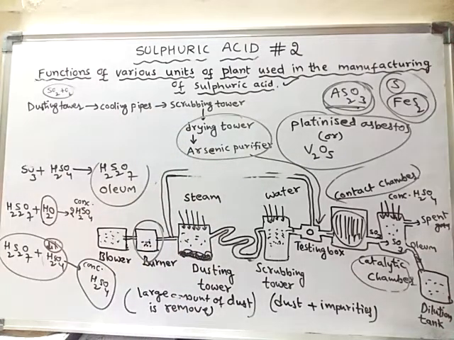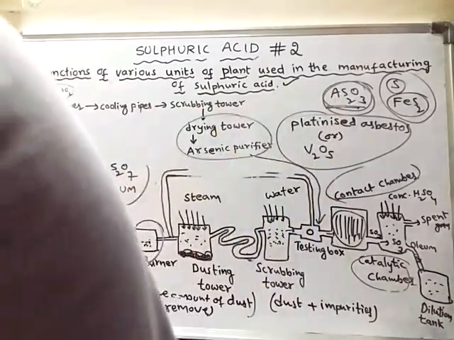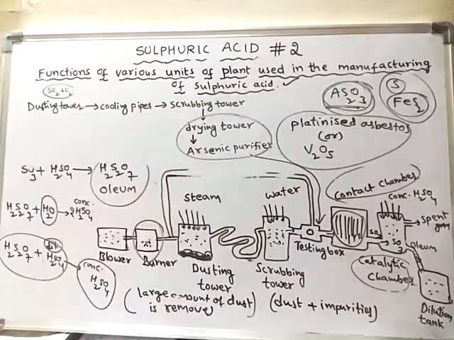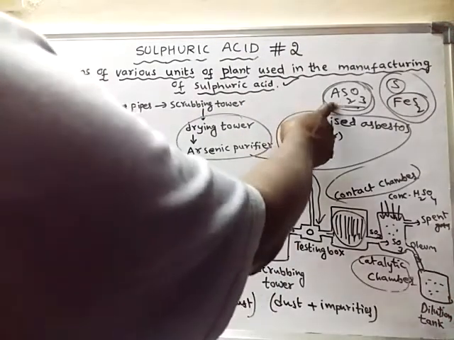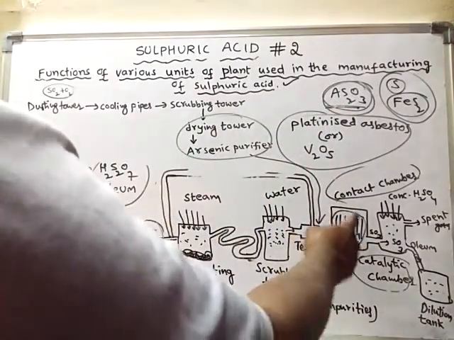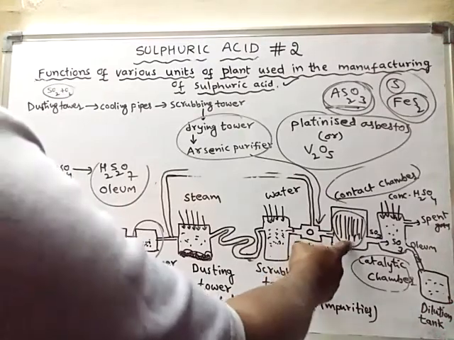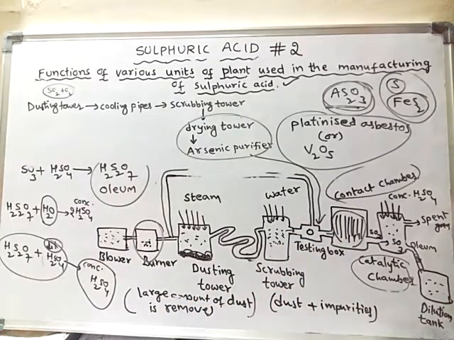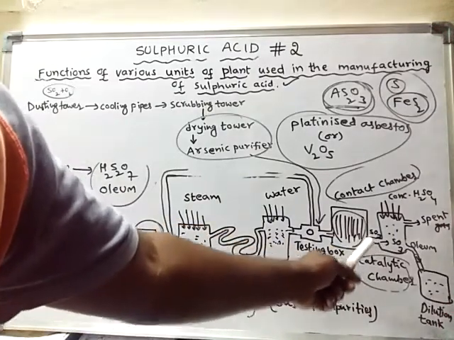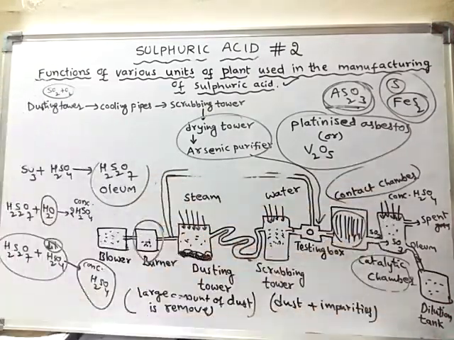The arsenic oxide present as an impurity in the gaseous mixture has to be removed. If this impurity is not removed, what happens? In the catalytic chamber, the catalyst gets poisoned, and the conversion of sulfur dioxide into sulfur trioxide is not done properly.